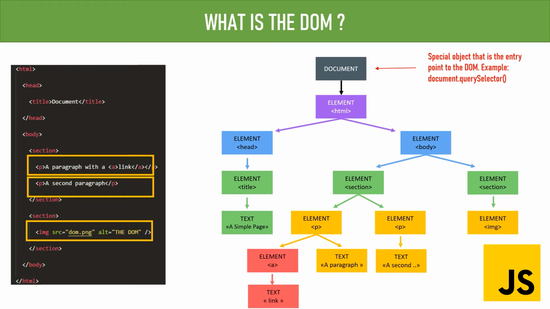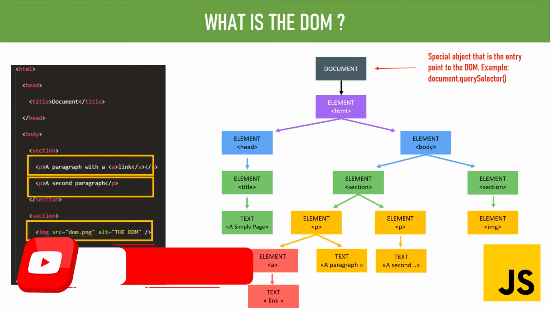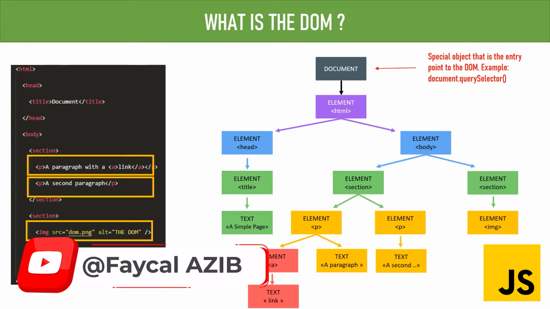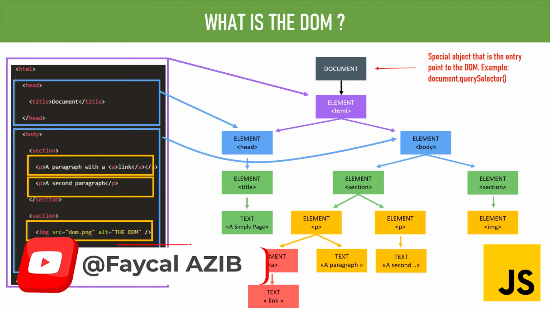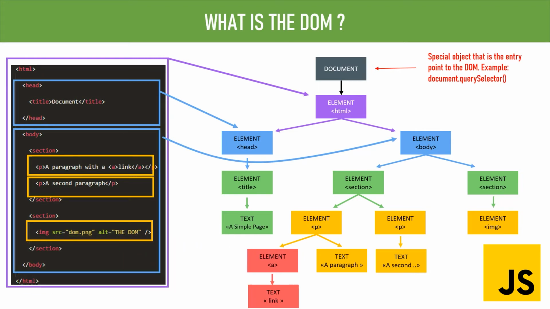Then the first child element of document is actually the HTML element, because that's usually the root element in all HTML documents. Next, HTML usually has two children, head and body. And so, of course, you can also find them here in the DOM tree. In the HTML, they are adjacent elements, and so they are siblings in our DOM as well. Then, as we keep going deeper into the nested HTML structure, we keep adding more and more children to the DOM tree.